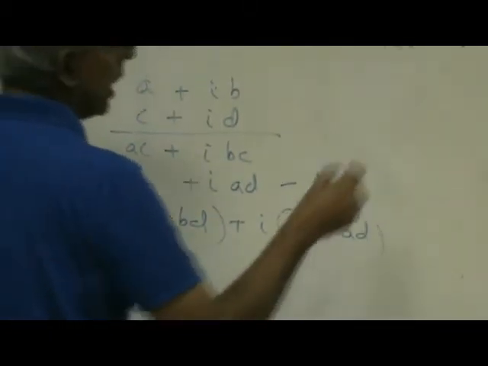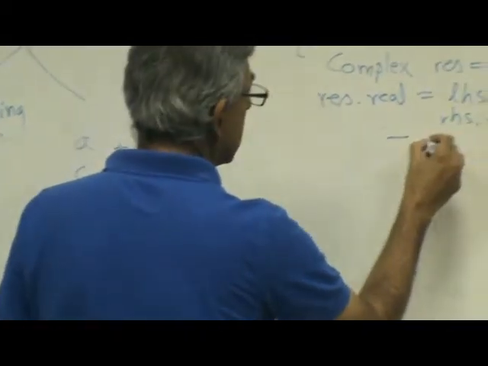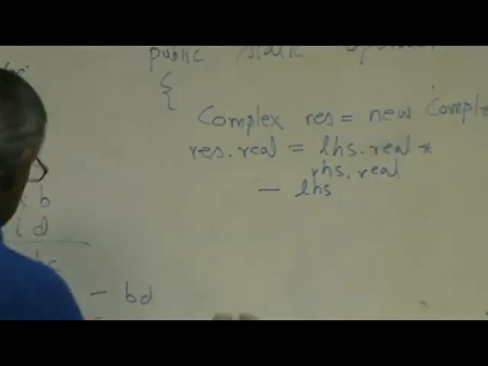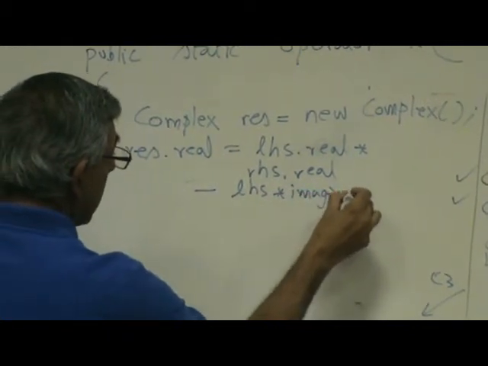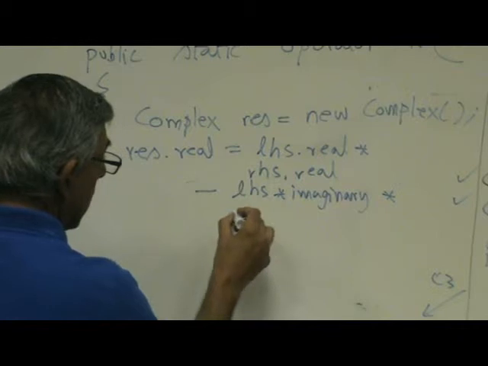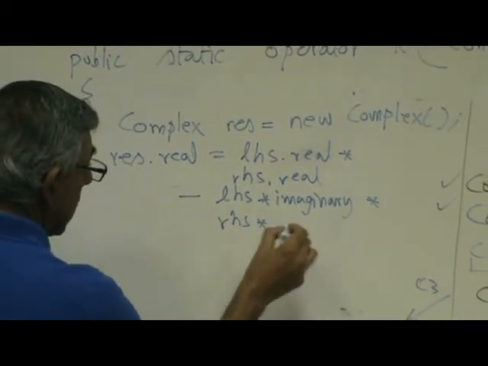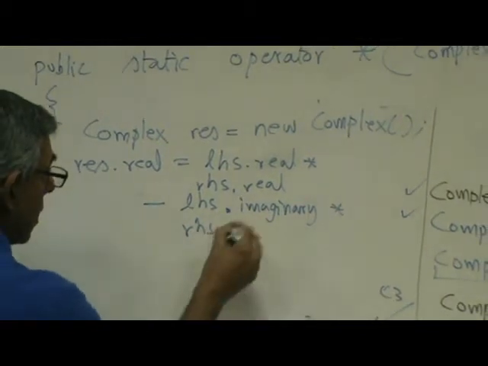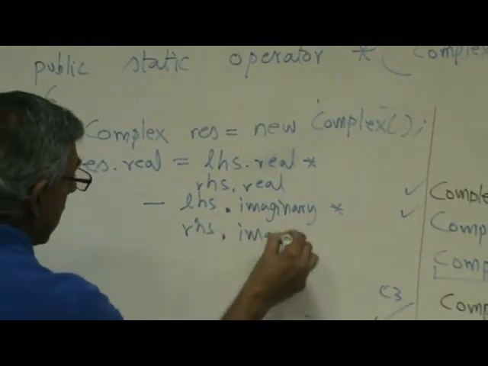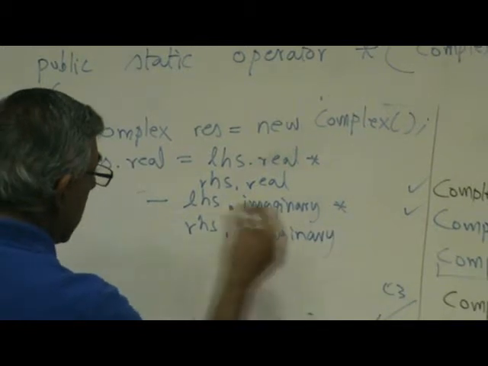C was the real, right? C was the real, okay. Minus left hand side dot imaginary times right hand side, sorry, not multiply but dot imaginary. Okay.